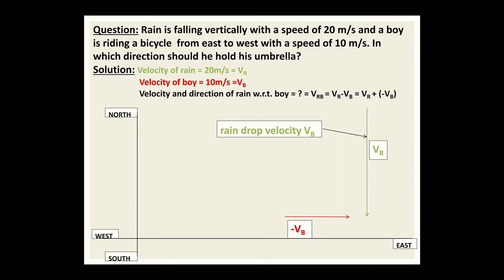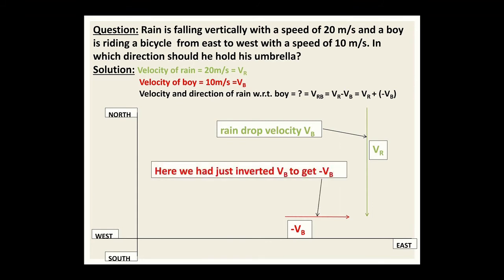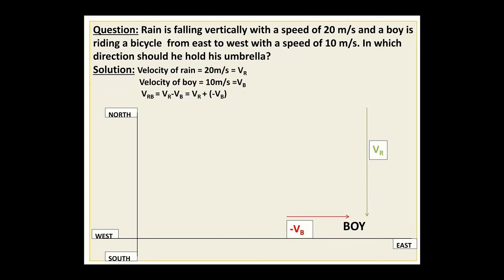To add these two vectors, we will use the triangle law of vector addition. Your first vector is VR and second vector is minus VB. If you want to add VR with minus VB, you have to place the first vector, which is VR, such that its head coincides with the tail of the second vector, which is minus VB. In this figure, we have shifted our VR such that its head is now coinciding with the tail of minus VB.